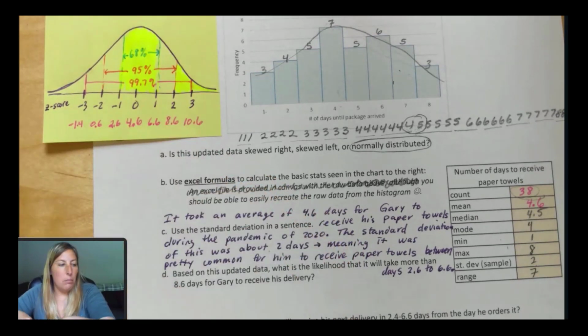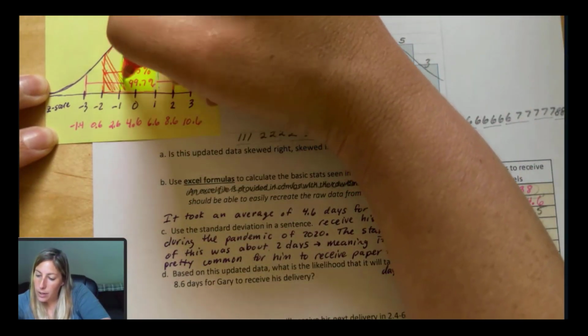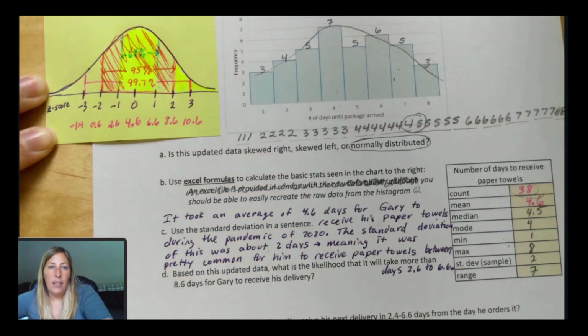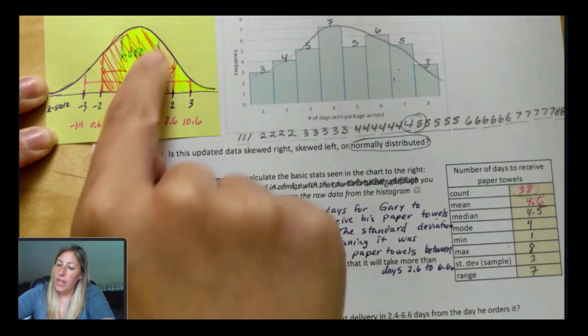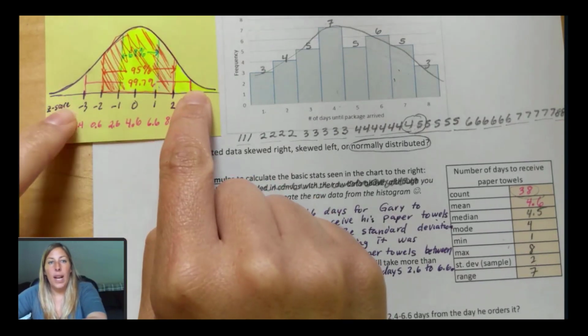We know that this middle piece, all of this right here, is 95% of the data.